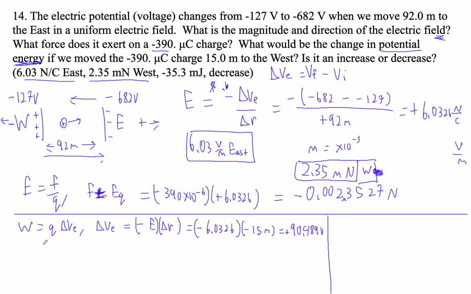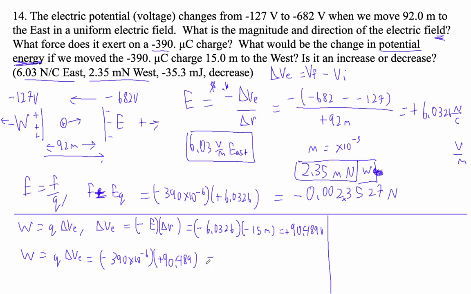Then we're going to use this: work is Q delta V. And our Q is negative 390 microcoulombs. Our delta V is positive 90.489. So times negative 390 E minus 6.